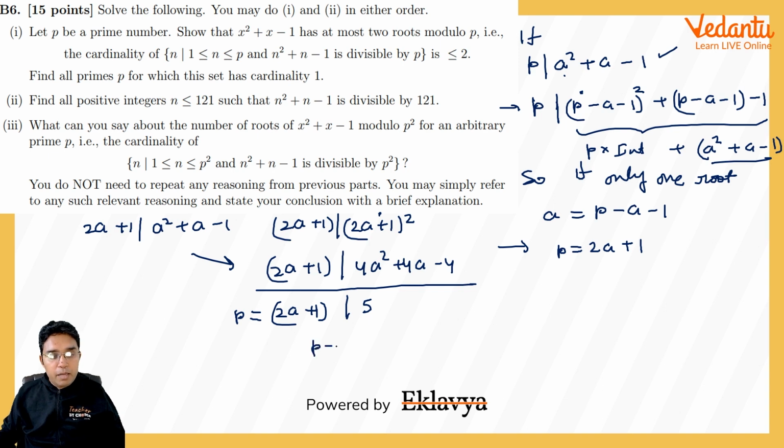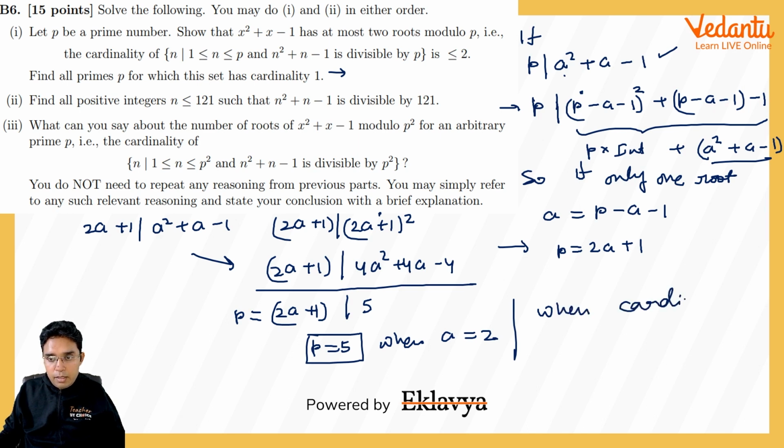So p can be only one thing, that is 5, when a is equal to 2. So for this case, only p equal to 5 is the answer when the cardinality is 1. When cardinality is 1, p is equal to 5.